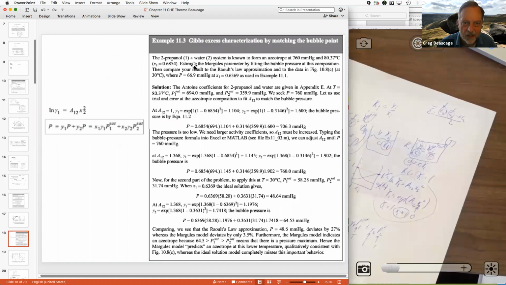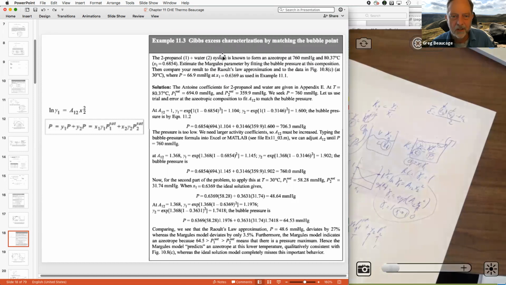So you want to know the Margules parameter by fitting the bubble pressure at the composition of the azeotrope. You compare a result with the Raoult's law approximation to the data that's given, and then use that Margules parameter to do a calculation at different conditions: the same temperature but a different pressure.